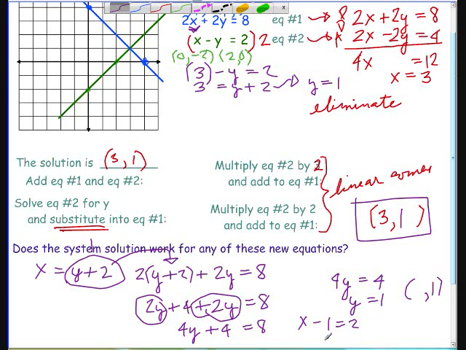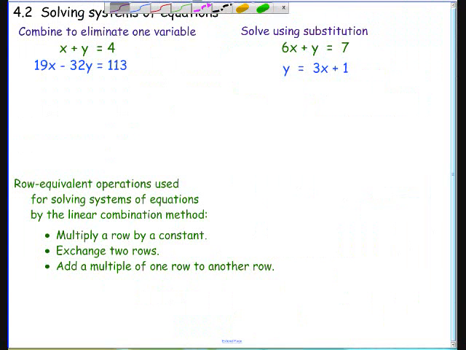I add 1 to both sides, x equals 3. So there, I've solved that in all three methods. I mean, haven't we pretty much gone through the whole lesson already? And we're only 16 minutes in. Plus, we had review of graphing. Excellent. Okay, combine to eliminate one variable.